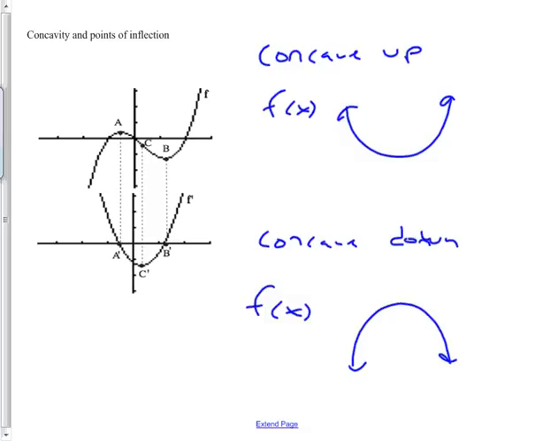So let's get this better color coded. So here's concave down. And looking at my function, where's it concave down? It's concave down from here to here. And where is it concave up? From there to there.